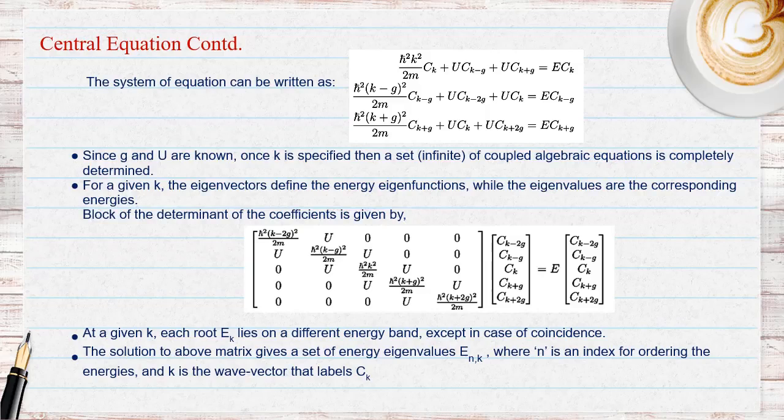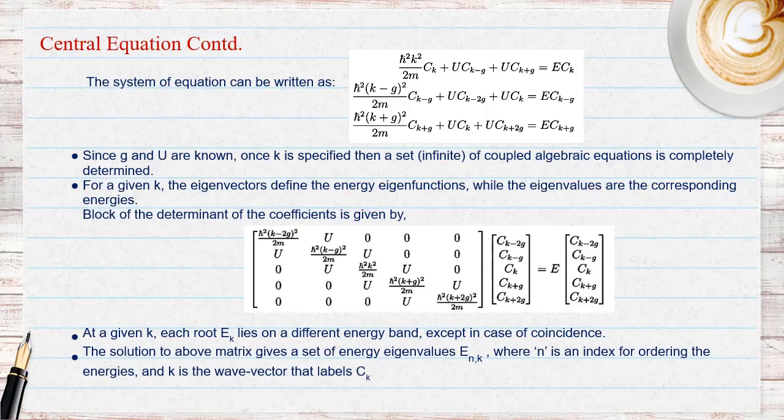This can be transformed into the matrix format as you see here. So this is the matrix form, and the third row represents the first of the equations. You can just compare that. The third row corresponds to the first equation, and the second row corresponds to the second equation, and so on.